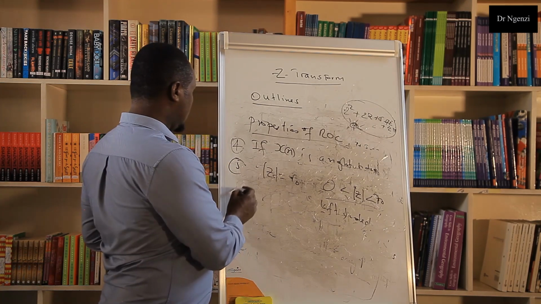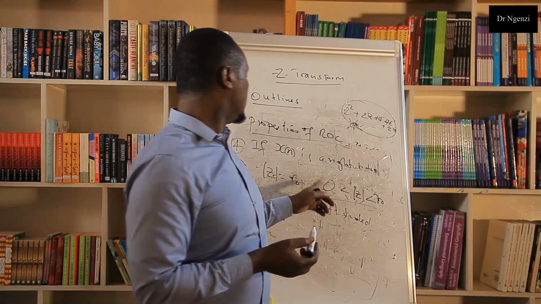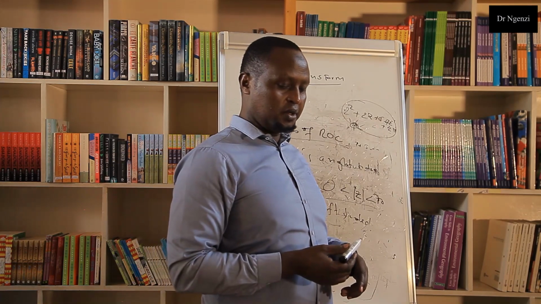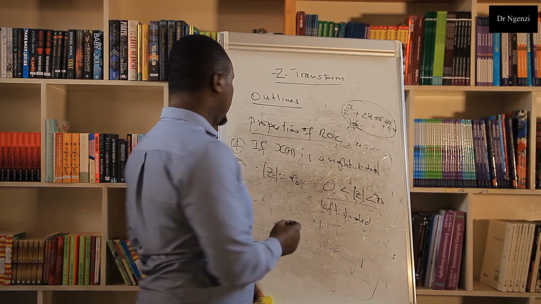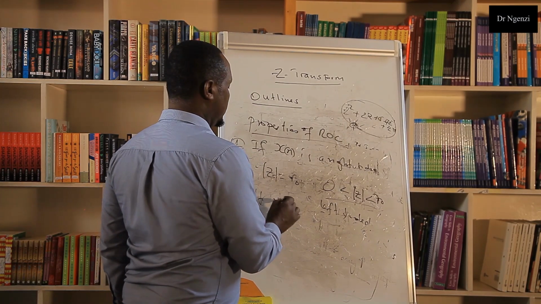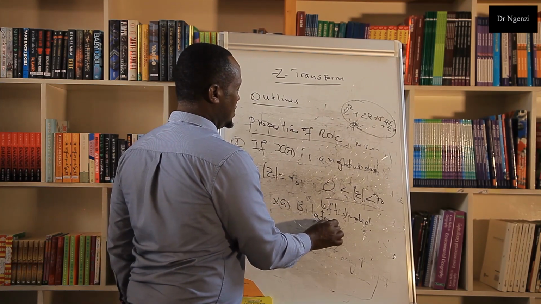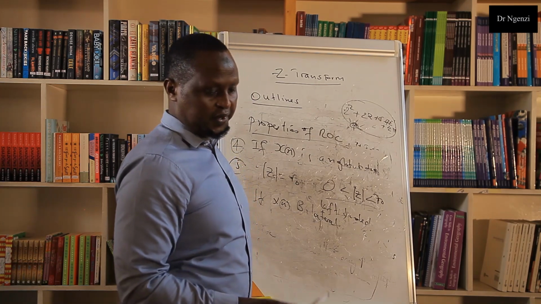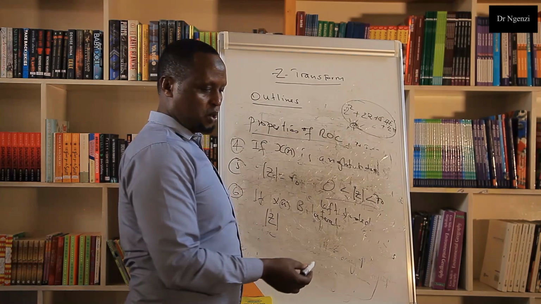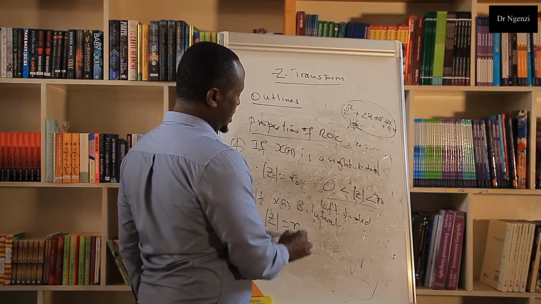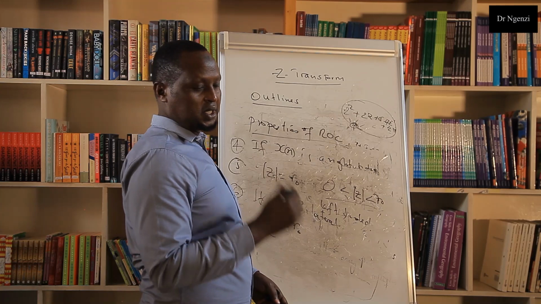And property number 6, if it is double-sided or bilateral, the other ones, the left and right, were unilateral, but this one is bilateral. So if x of n is bilateral or two-sided, and the circle lies at |z| equals the magnitude r, or the radius of any size, then the region of convergence will consist of a ring.